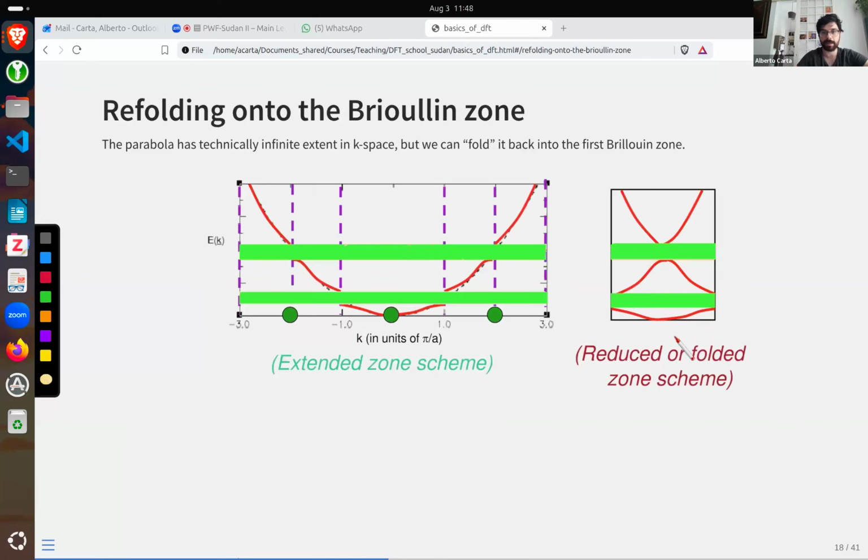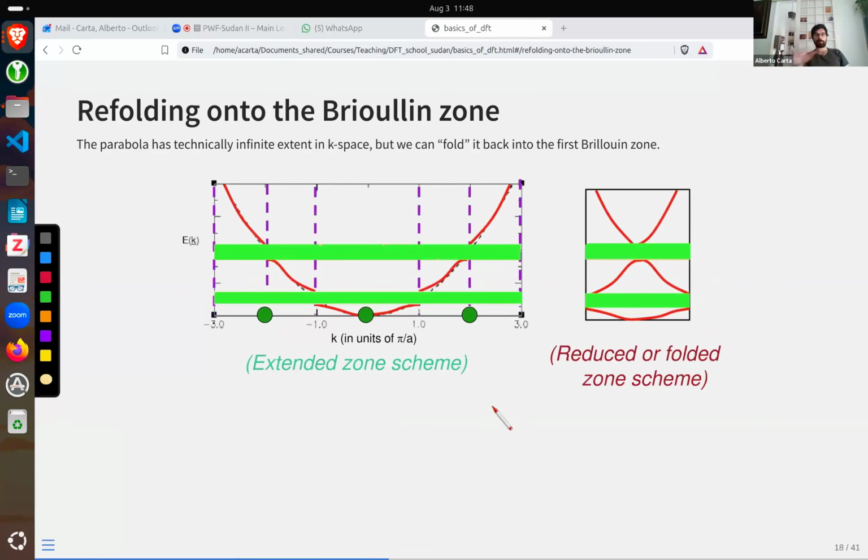And when you backfold, this picture takes into account the whole infinite space. But since you have a periodic system, you can describe it with something called a Brillouin zone. You can think of this extended crystal as a periodic system backfolded onto a smaller part where you have everything that you can describe.